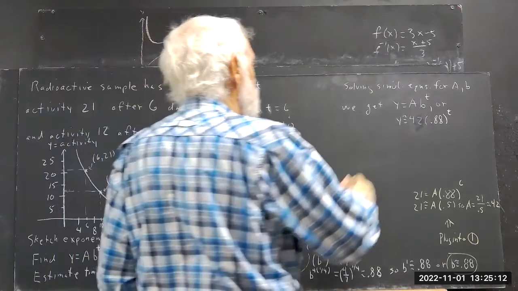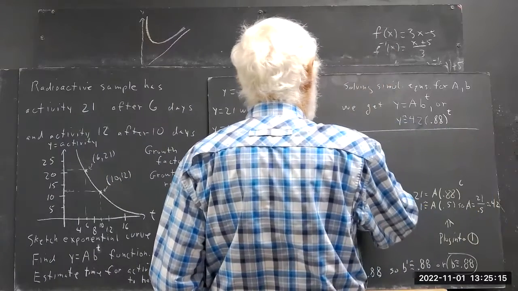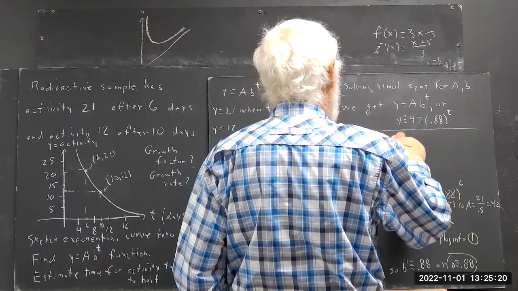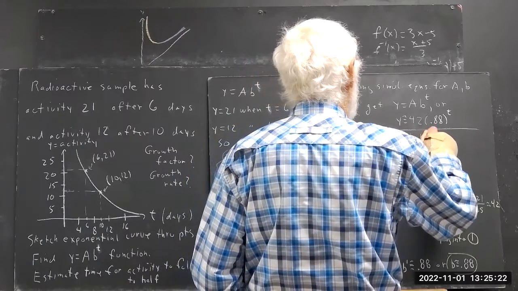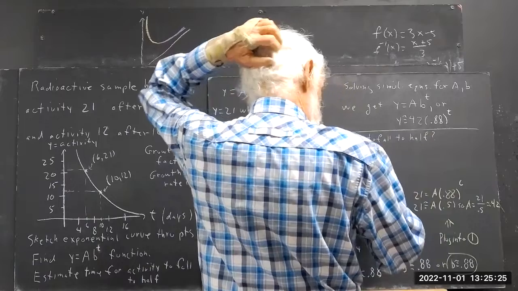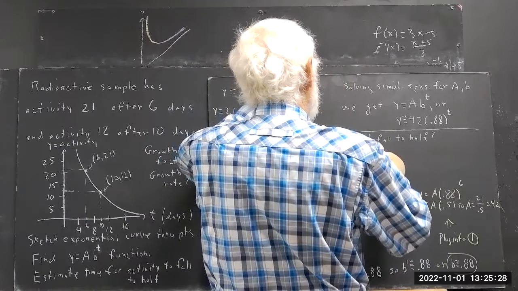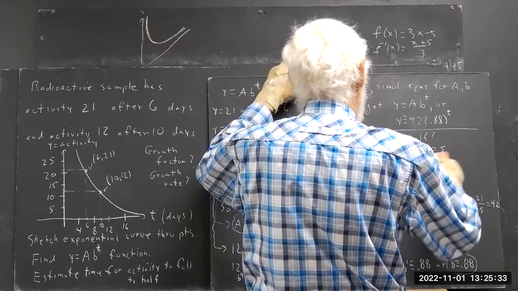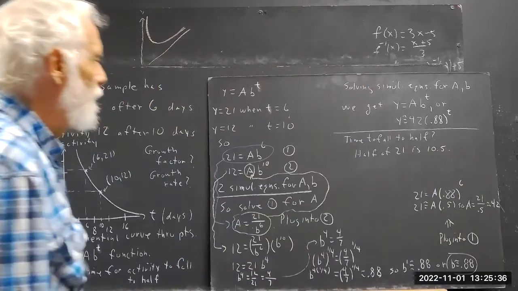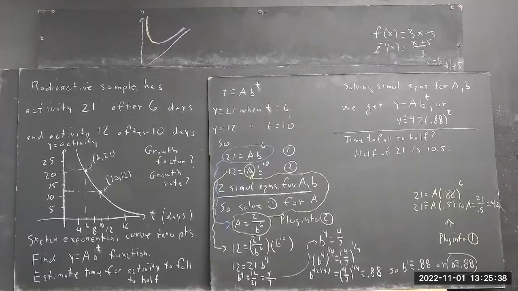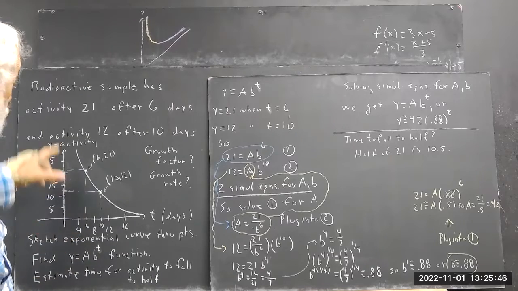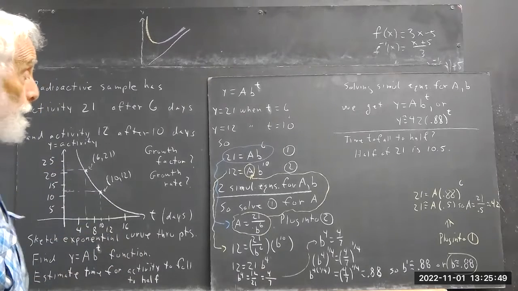So we want to look on the graph and see about where an activity level of 10.5 is going to occur.